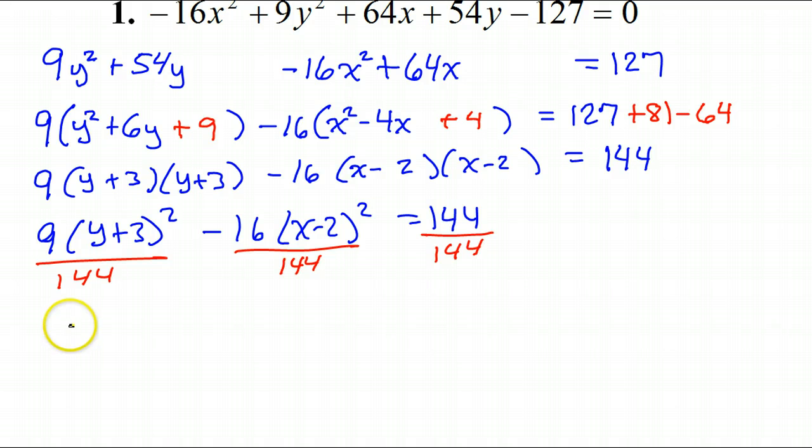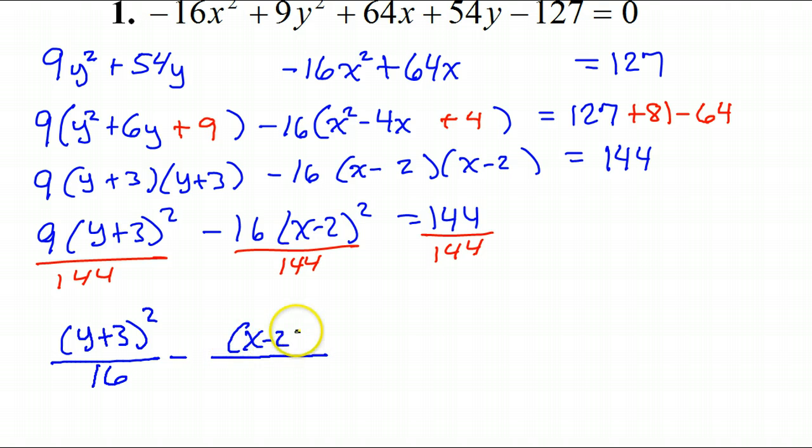So that's why I'm going to have y plus 3 squared over 16. That tells me that 16 goes into 144 9 times. So I'm going to have x minus 2 squared over 9. And this is going to equal 1.